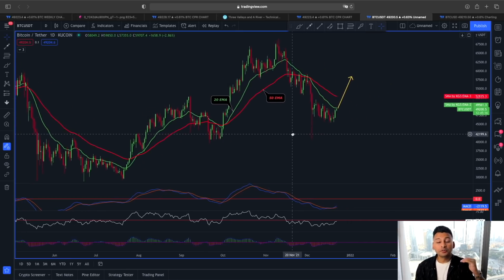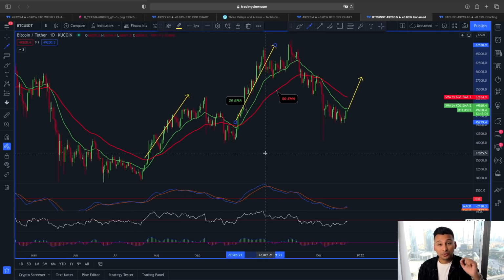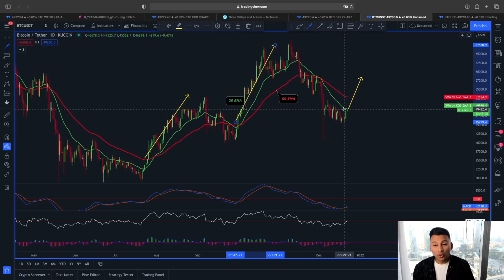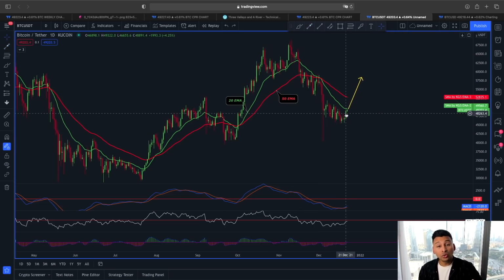Because if we look at this past Bitcoin price action, whenever we have seen an actual movement playing out here, the price of Bitcoin has always, guys, always broken the resistance from this green line, which is the 20 exponential moving average, right? And also was able to find support of this red line, that is 50 exponential moving average.